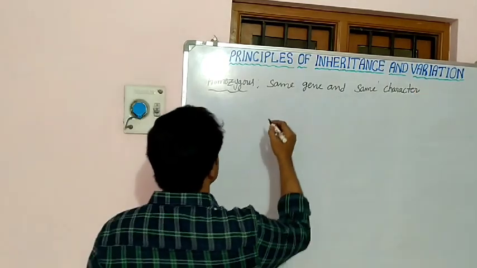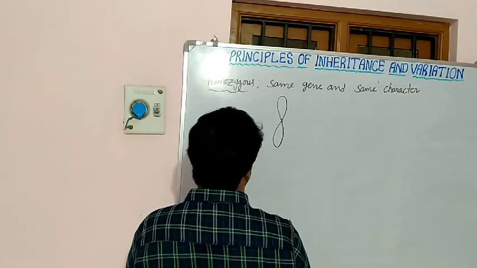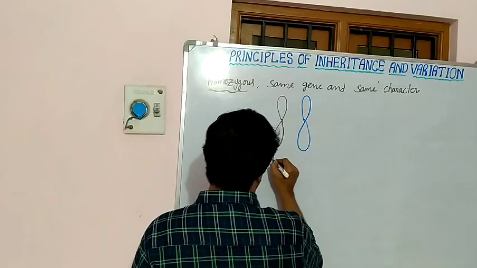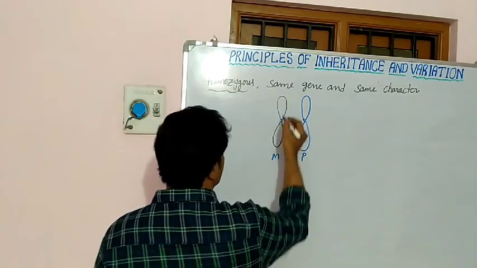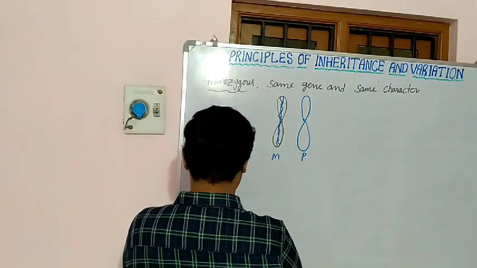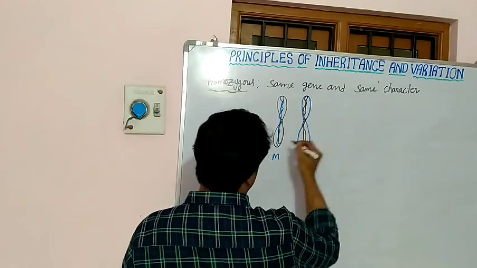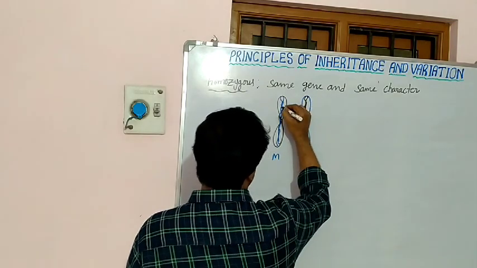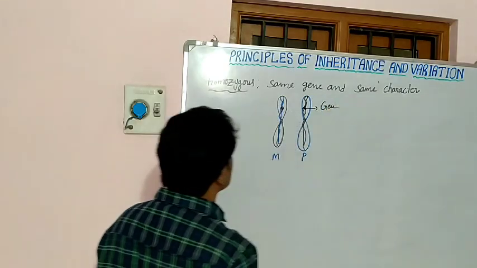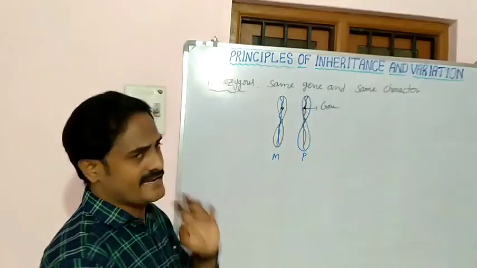When we observe the chromosomes, I will draw one maternal chromosome and also a paternal chromosome. Inside there is double stranded DNA, here also double stranded DNA. A part of DNA is called what? Gene. So the same gene has the same character.